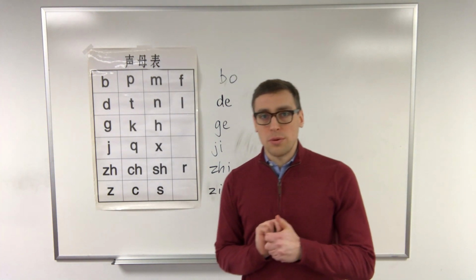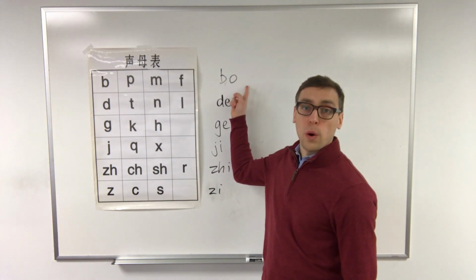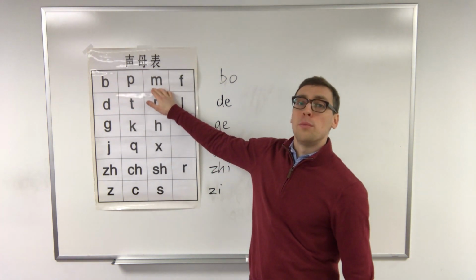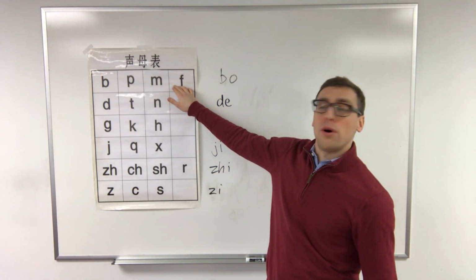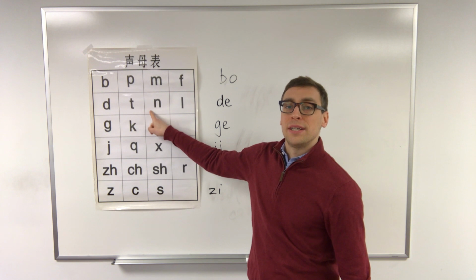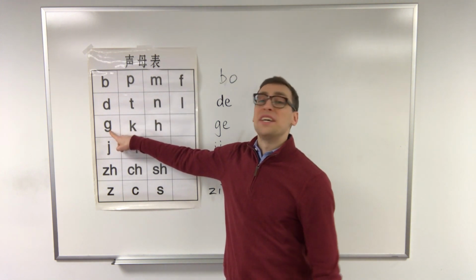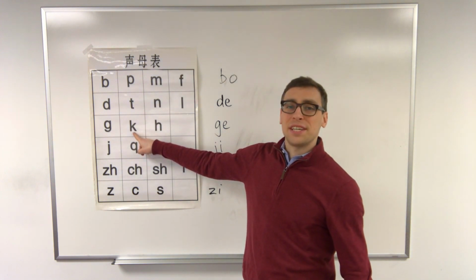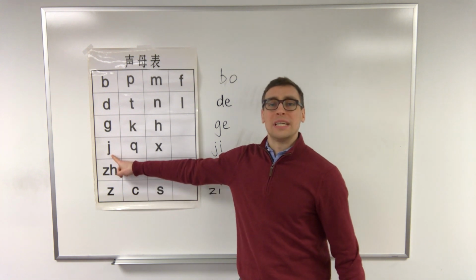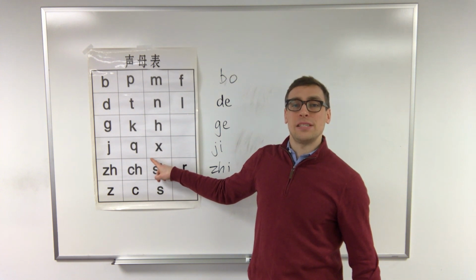All right. So let's go through all of these one more time. This is like the O sound. Bo, po, mo, fo, de, te, ne, le, ge, ke, he, yi, ji, qi, xi.